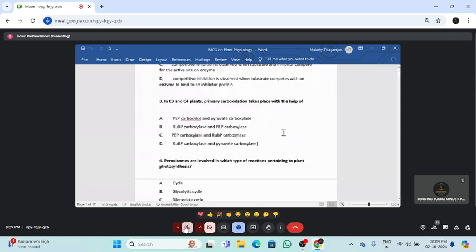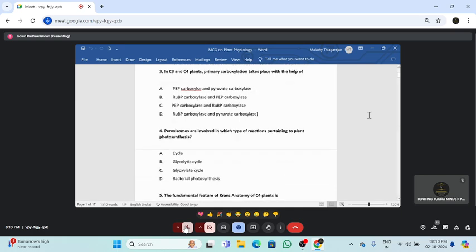In C3 and C4 plants, primary carboxylation takes place with the help of? Option B, ma'am. Option B, ribulose biphosphate carboxylase and PEP carboxylase, is correct. So option B is the correct answer.